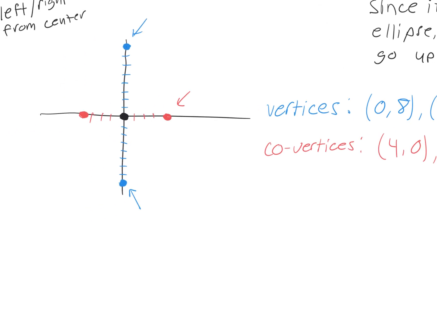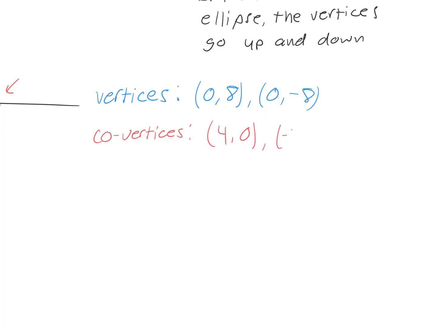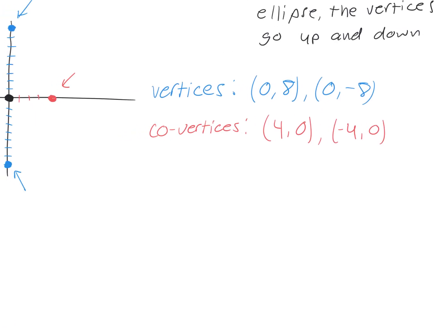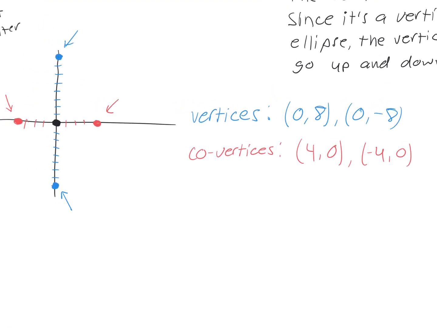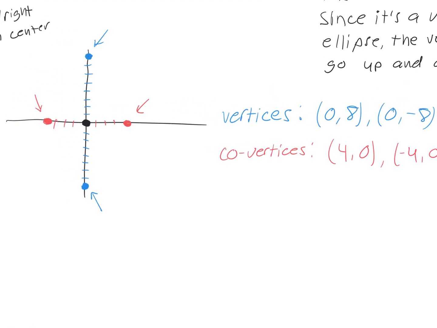Okay, and then the other one would be negative 4, 0. And then to finish our graph, all we do is connect the vertices and the co-vertices, and then we should get the shape. Maybe not the prettiest thing, but it's good enough for our sake.